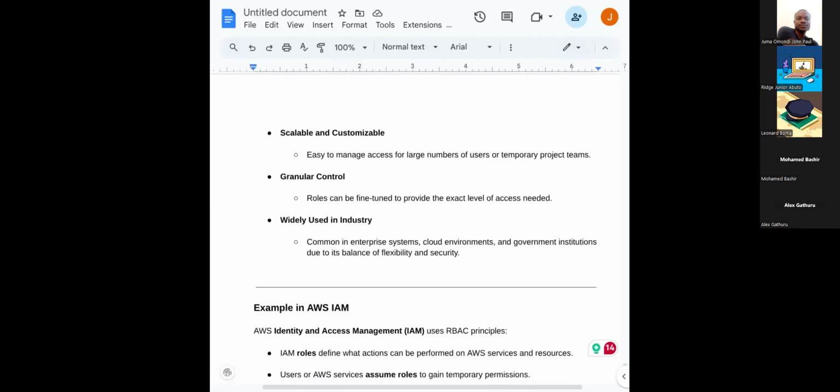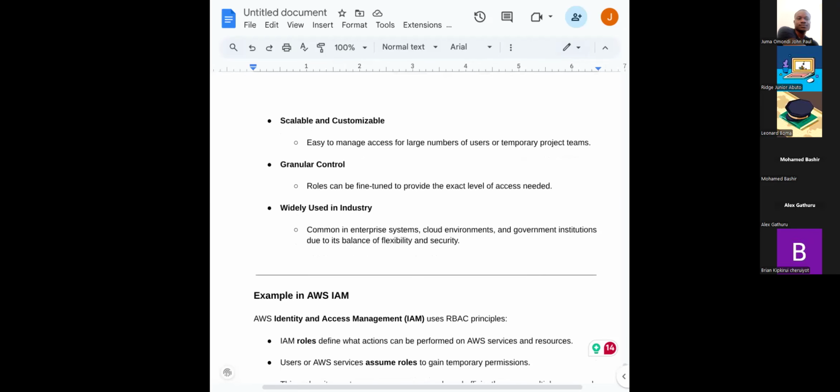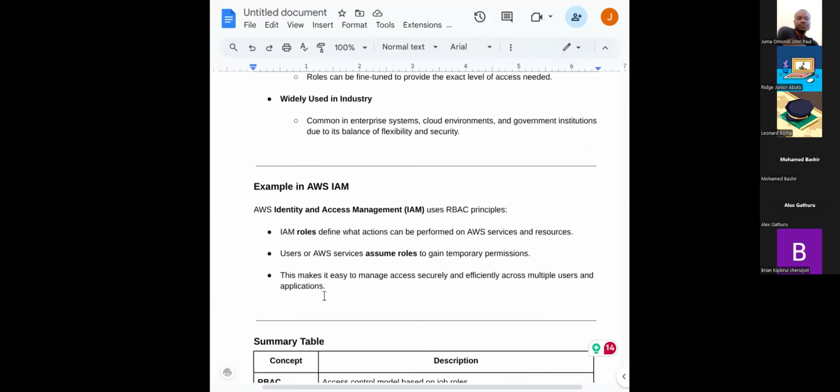We can have one of us as a host. And then there's granular control. The roles provide fine-tuned access, the one that you need. So we know that the role of learners cannot share their screen unless given permission. So there's that granular control, and it is commonly used.